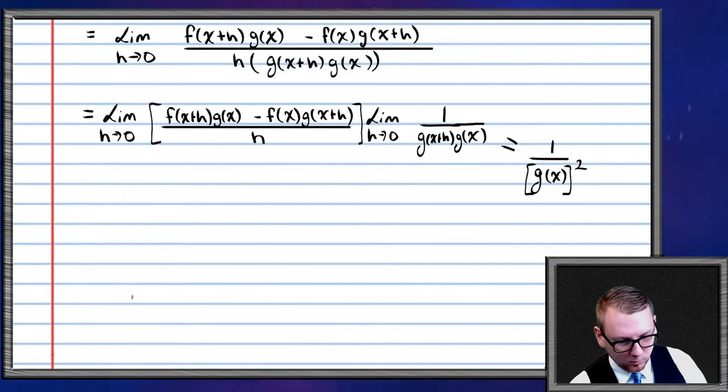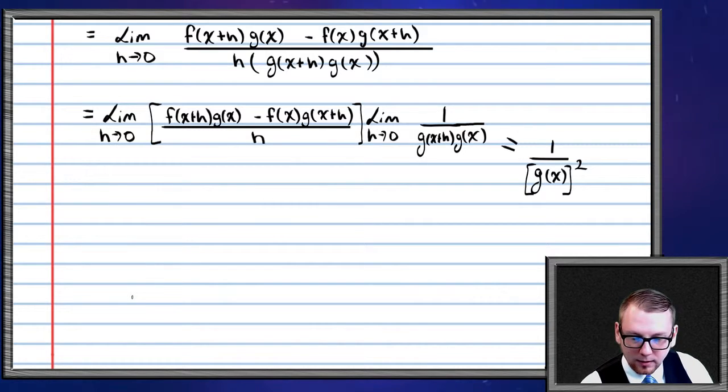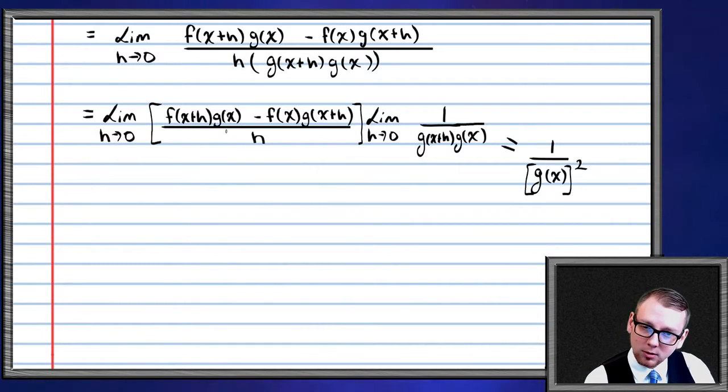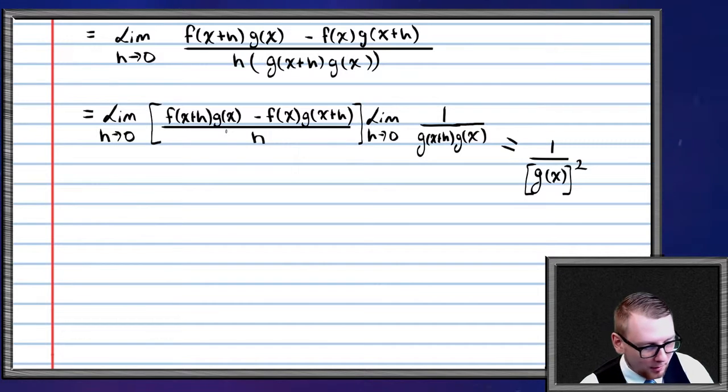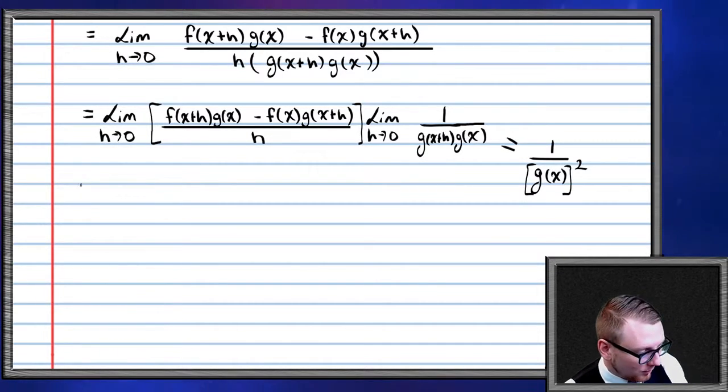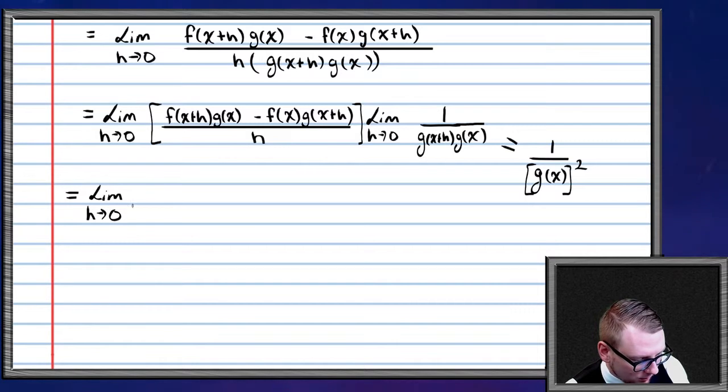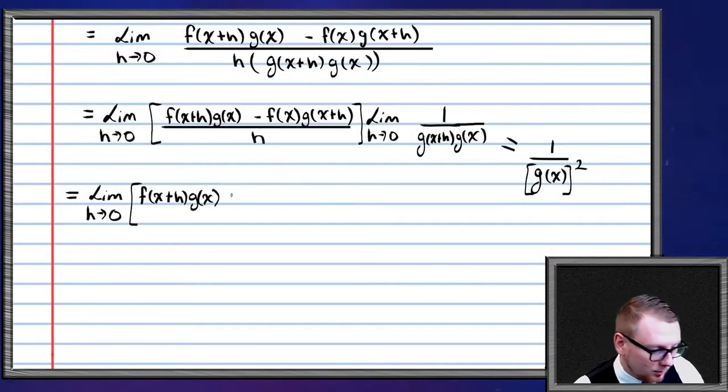Then we're going to add and subtract, just like we did in the product rule, f of x times g of x. So what happens when we do that? We get the limit as h approaches 0. We're going to start with this f of x plus h times g of x, minus f of x g of x.